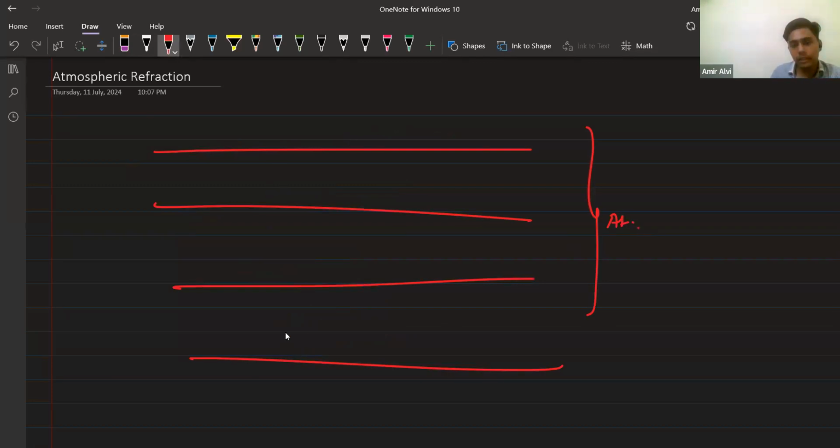This is, suppose, the troposphere, this is the lithosphere, this is the mesosphere and all this. I don't know the order properly and no need to remember the order as well. I'm just telling you, every layer has a different density. If we have different densities, it means that light will refract according to the density. We have studied this in the refraction of light, that every medium will refract the light as per the density.